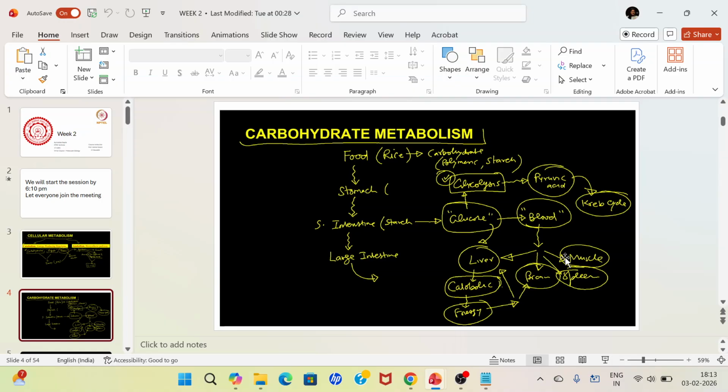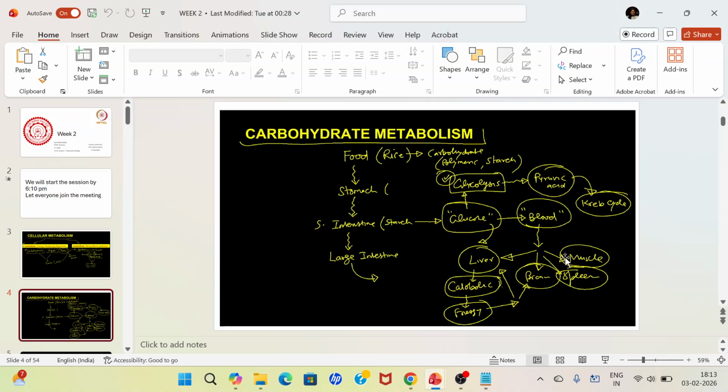Carbohydrates we get from different food items, which when we eat enter through our stomach to the small intestine and then to the large intestine. When the food is in the stomach and small intestine, it undergoes different processes. The complex carbohydrate molecule is simplified into glucose molecules.